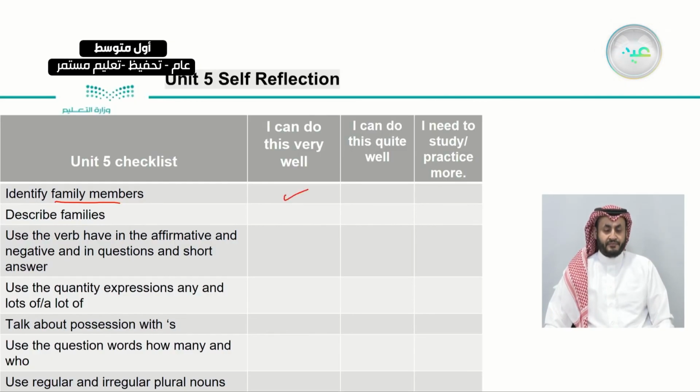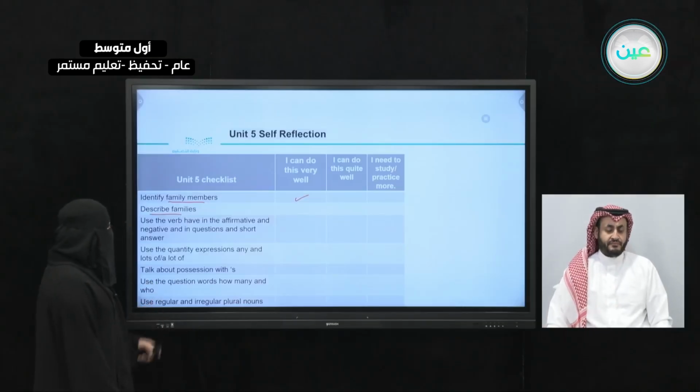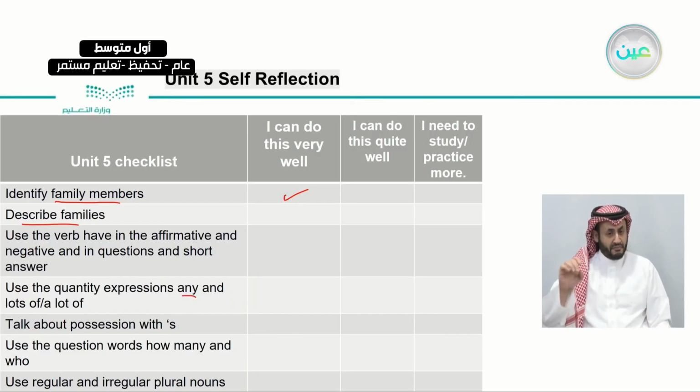If you feel you can do this quite well, you can put yourself a check, or maybe you need to study or practice more. Second one, describe families. How was that? I think that was pretty easy, like big or small, and so on. Use the quantity expressions, any, lots of. You can always evaluate yourself and go back whenever needed.